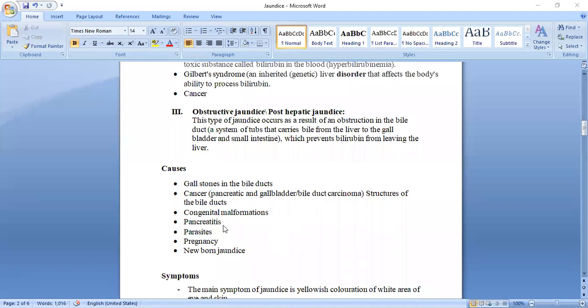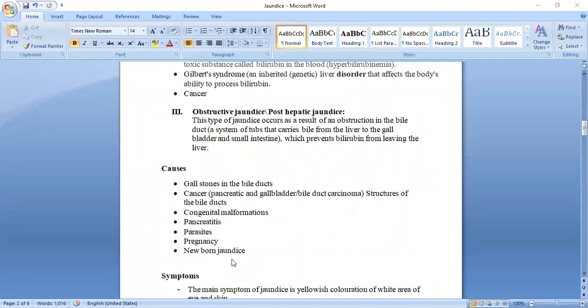Next one, pancreatitis, inflammation of the pancreas. Parasites. In pregnancy also, sometimes it will press the duct. Due to that, this is the cause.